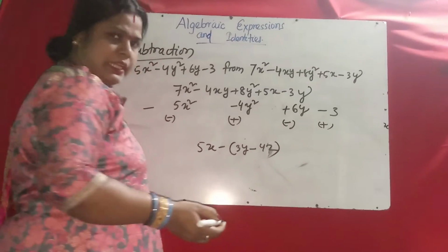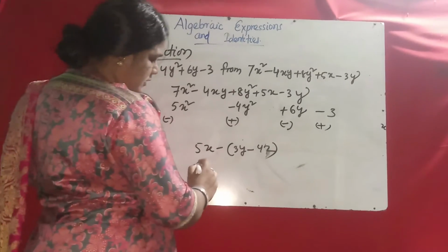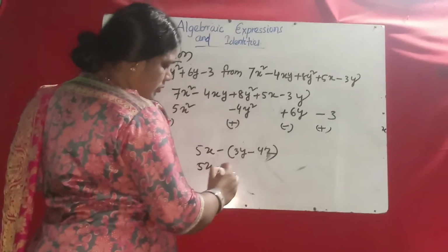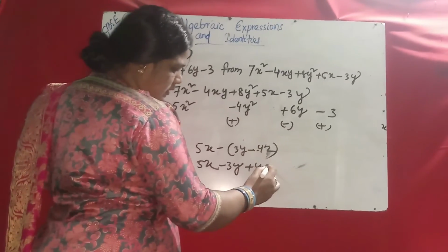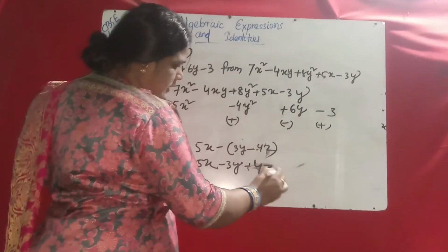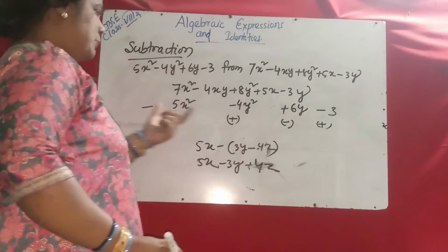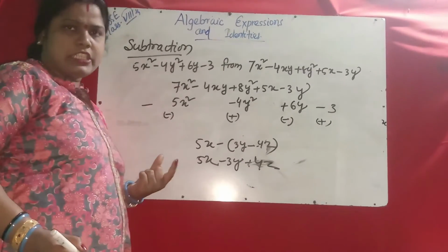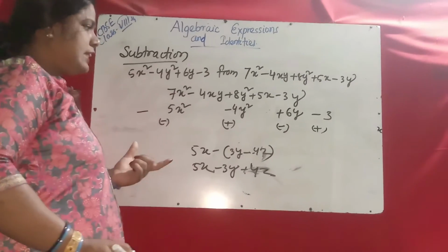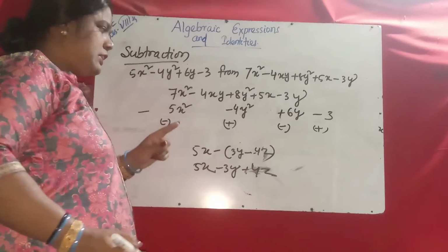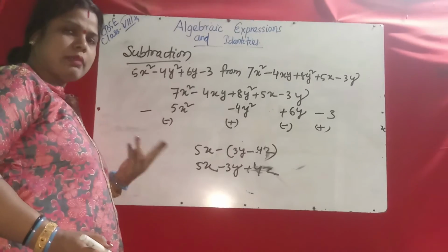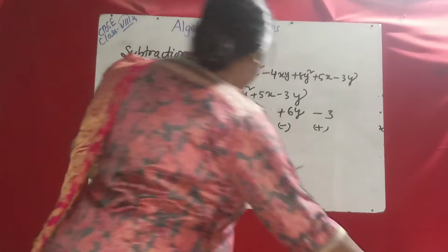When you open the bracket, it will alternate. Plus 3y will be minus 3y, and here minus will be plus 4z. Like this, the second expression's symbol will be changed. When you subtract, the second expression which you are going to subtract, its symbols must be changed. Plus will be minus, minus will be plus.